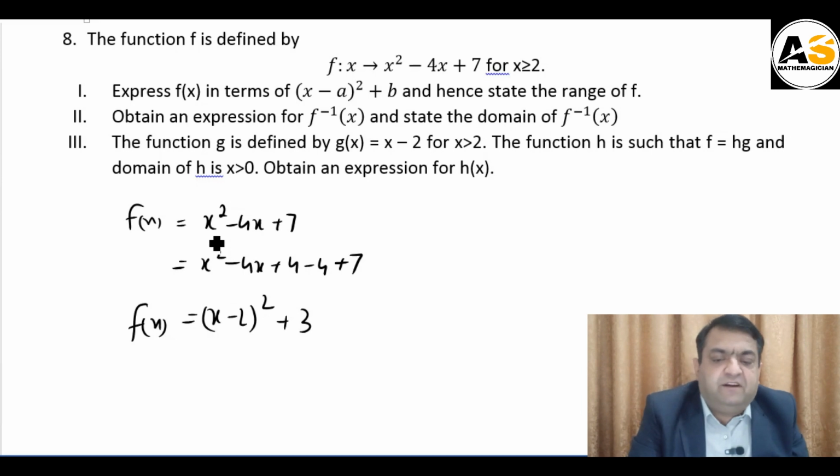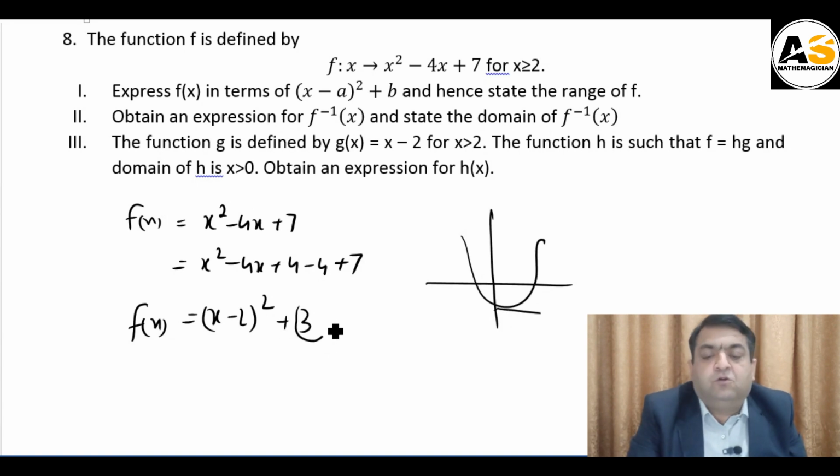What sort of graph will it be? Coefficient of x square is positive. It will be opening upward, which means it will have a minimum value but not a maximum value, and that minimum value will be equal to 3. So the range of f of x is greater than or equal to 3.